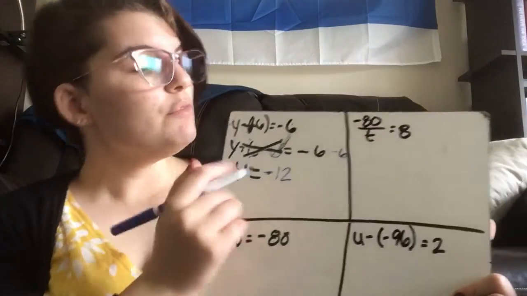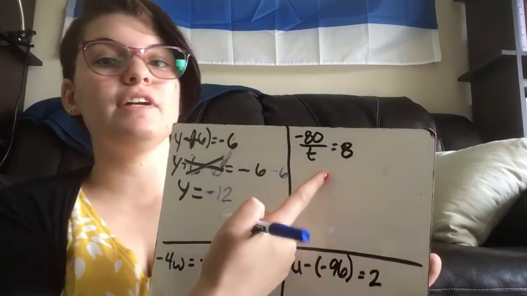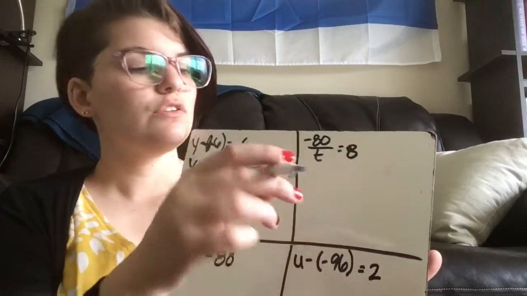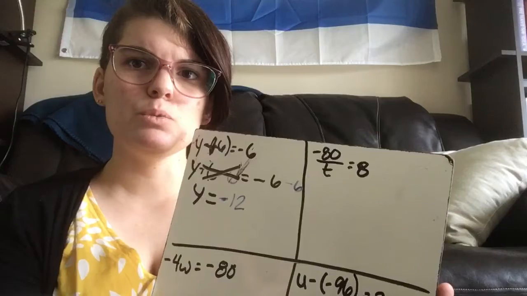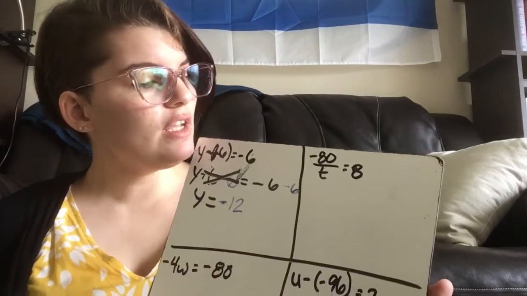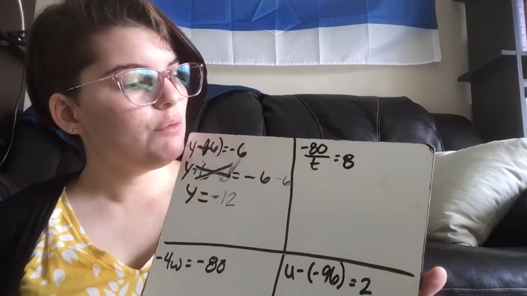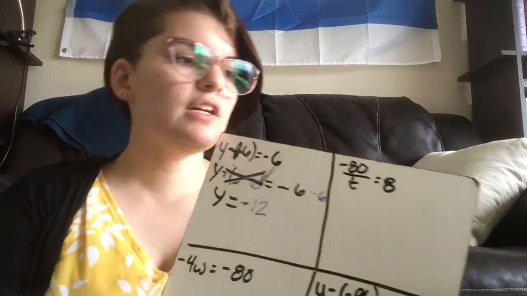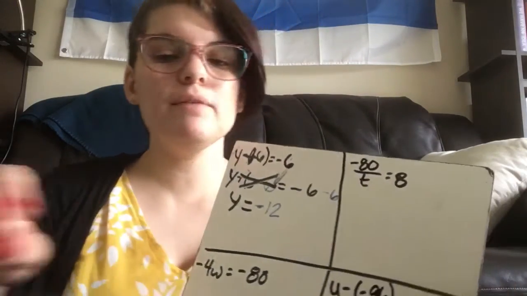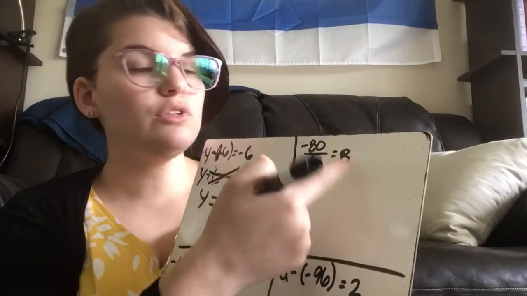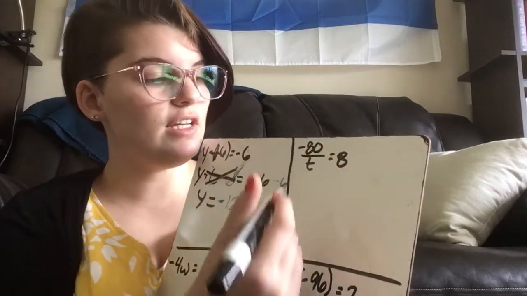Okay? Moving on to number 2. This one is a little different. It has division. So the t is on the bottom. Weird, right? In order to get rid of that, there's a couple of ways to do this. The way I'm going to show you is by multiplying by t and then dividing by 8.